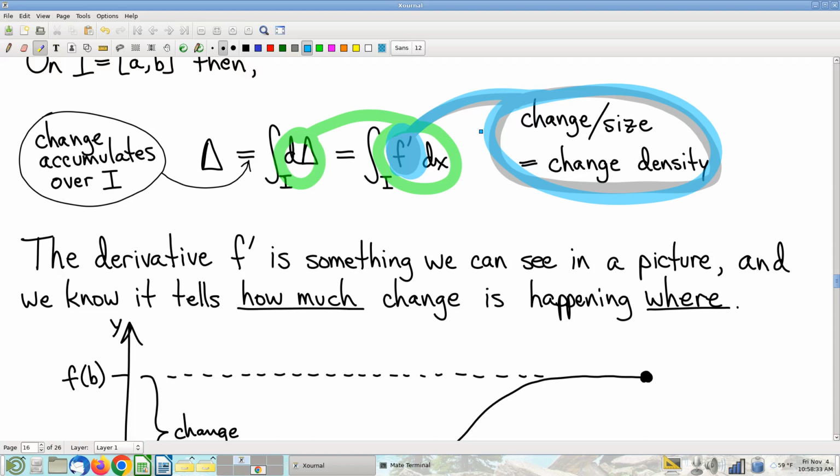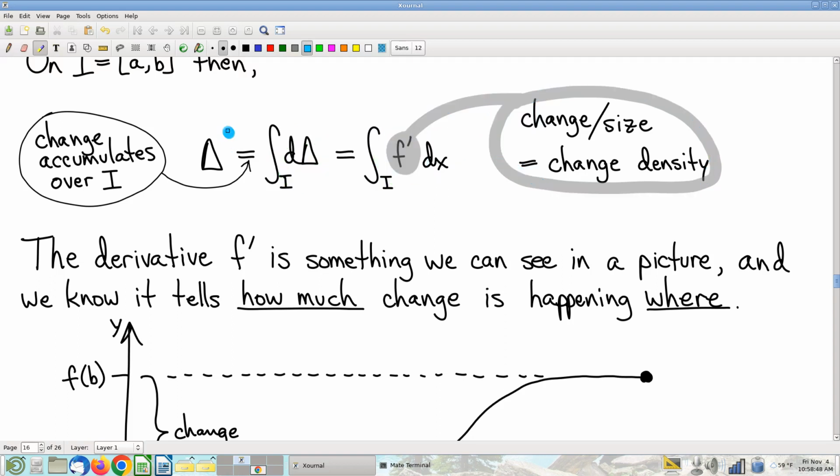Change per unit size, quantity per unit size, is what a density is. So you can literally think of the fundamental theorem of calculus as being an accumulation/density theorem.